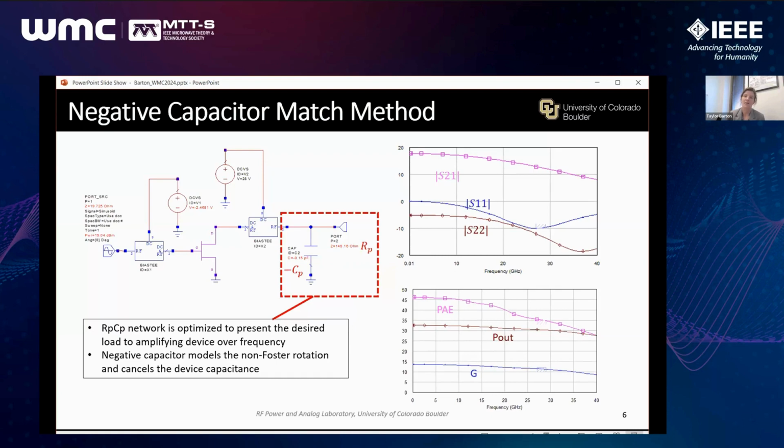So essentially, we're asking the simulator to tell us what negative capacitance exists to cancel the large signal capacitance of the device under the excitation that we will subject it to, so that all of the power delivered is real and that we simultaneously meet our input match and gain goals.